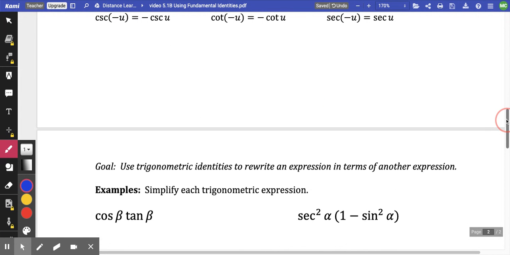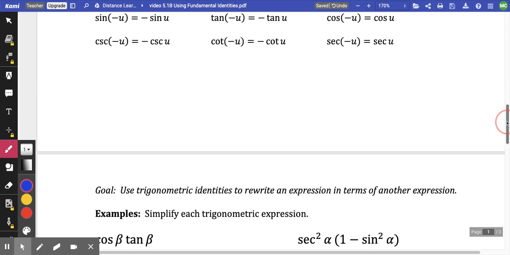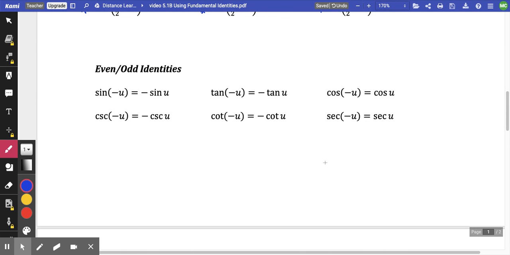The last identities that we're going to be working with right now are the even and odd identities. These have to do with the relationships on the graph. Now, the functions that are considered odd functions are these four over here, which is why I have them organized this way.